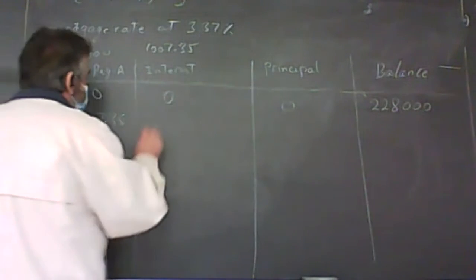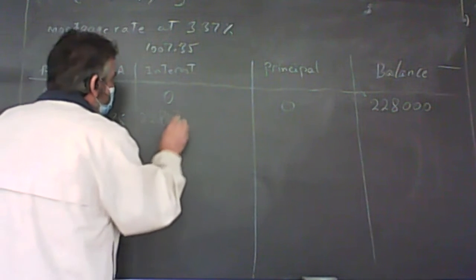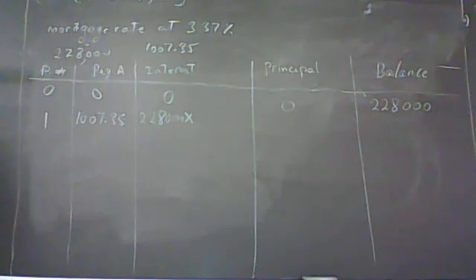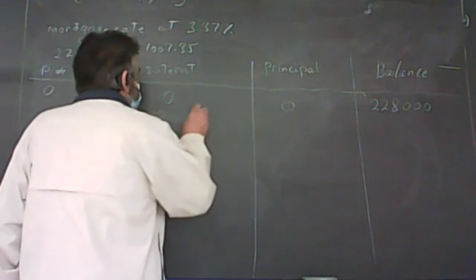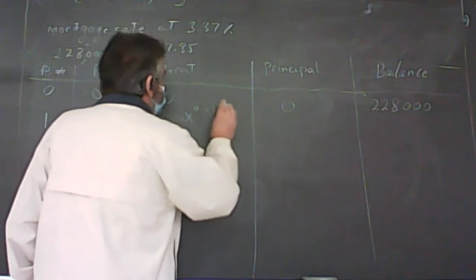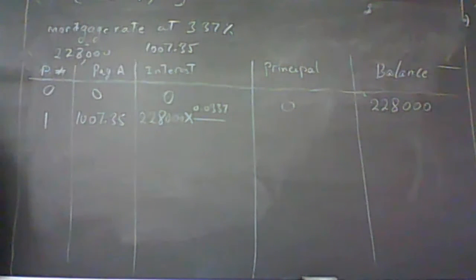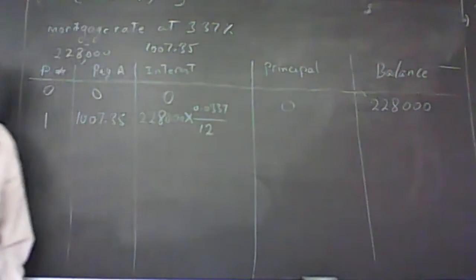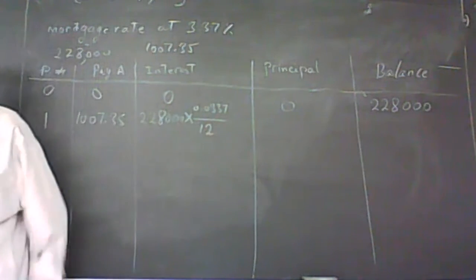I take 228,000 and multiply that by the interest rate for 1 month, which is 0.0337 divided by n, which in this case happens to be 12.